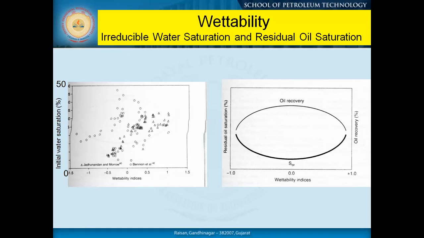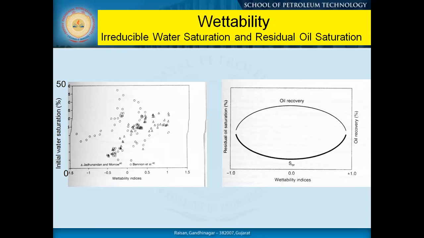Why is it so? Can anybody visualize what is happening? When you have water wet, water is staying more on the rock surfaces, isn't it? And the oil, as it is the non-wetting phase, will occupy the middle of the pore space. So if we consider every pore, rock surfaces are surrounded by water and oil droplets occupy the middle of the pore space, that means a lot more oil would be unrecovered.